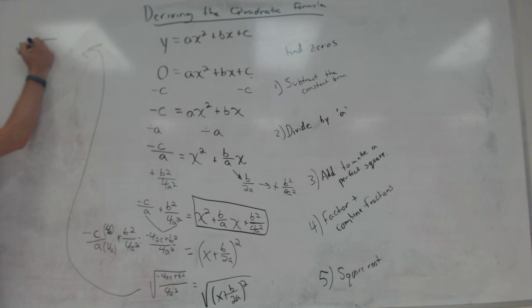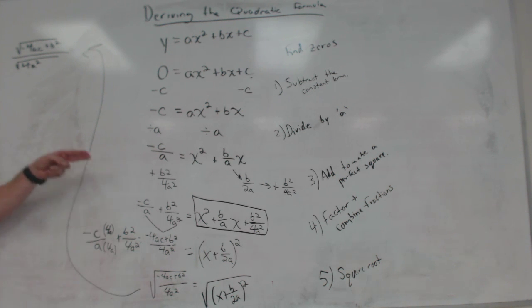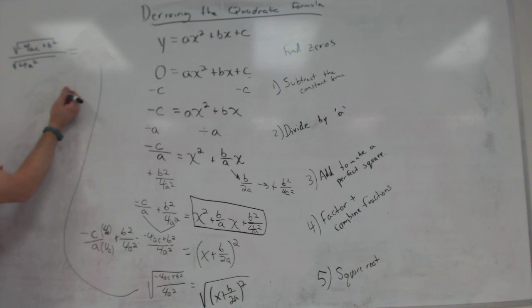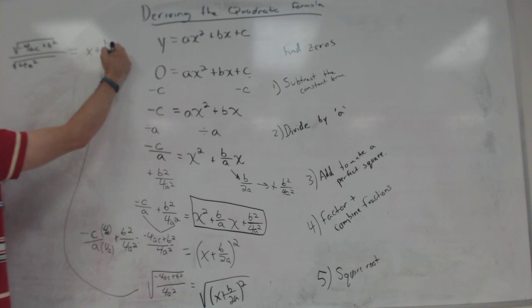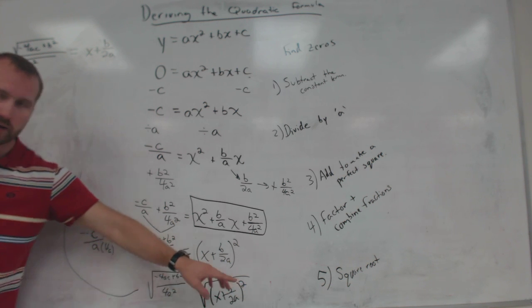I'm taking the square root of the top and the square root of the bottom, because that is what the square root of a fraction is. It's the same thing as the square root of the top and the square root of the bottom. On the other side, I just have x plus b over 2a, because the square root of a square cancels out.